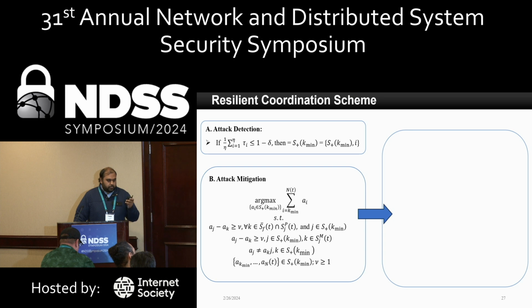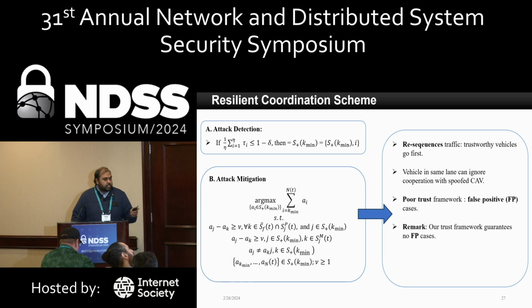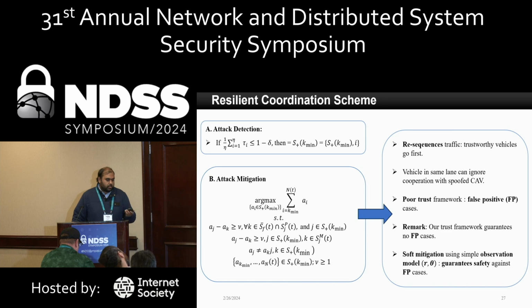We formulated it as an optimization problem, and it essentially resequences traffic by adjusting the way vehicles cooperate between themselves. And we also guarantee safety against false positive cases by using a simple observation model in our simulations.